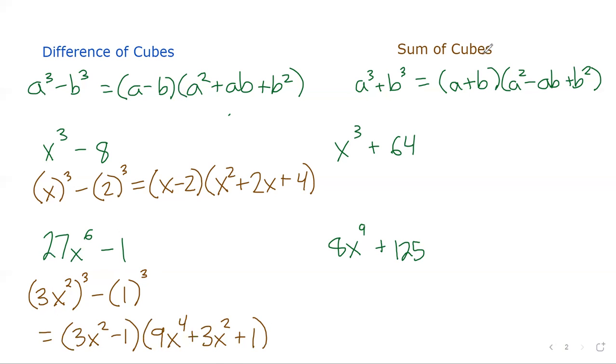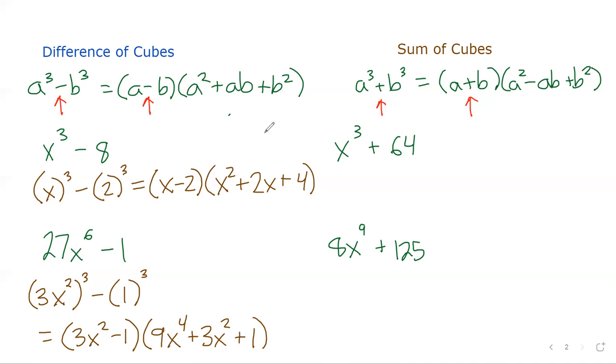The sum of cubes pattern is really similar, in fact, extremely similar. So I'll give you a little trick that helps to memorize them, or at least shows you what the differences are. This formula for difference of cubes, it's for subtraction, and the first term contains subtraction. The sum of cubes formula, it's for addition, and the first term contains addition.